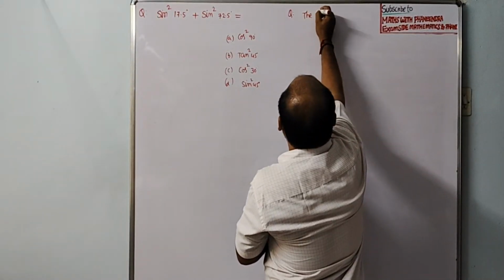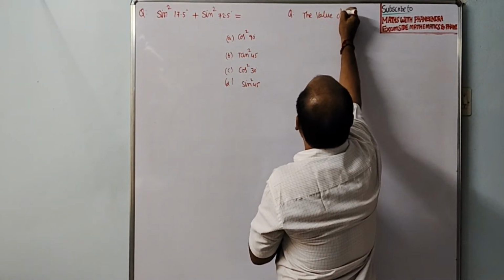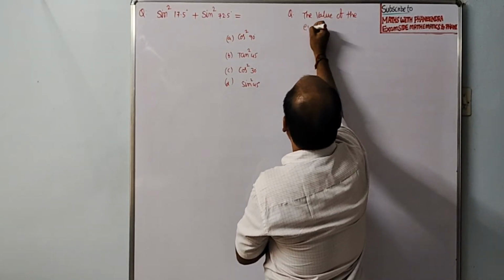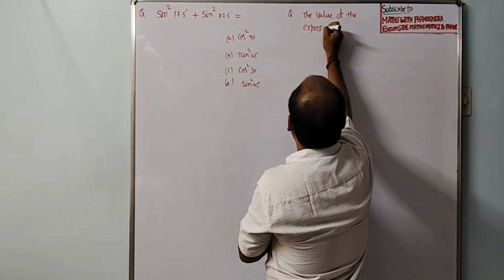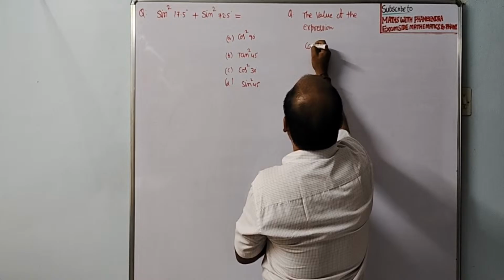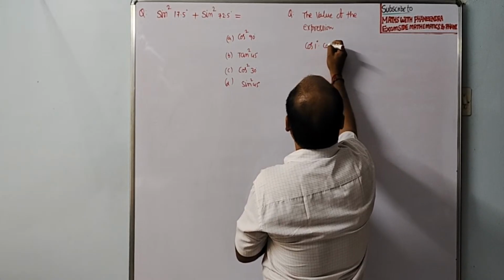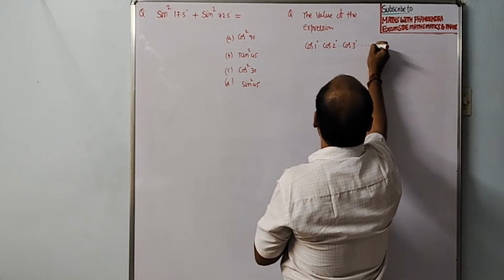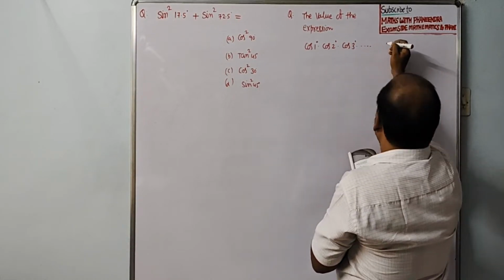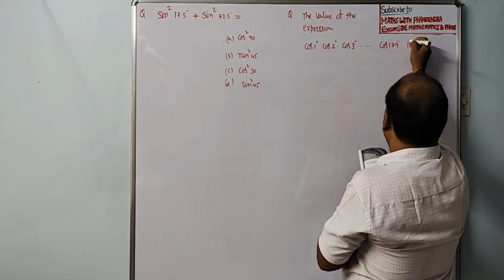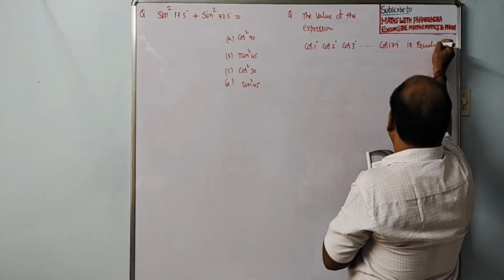The next question. The value of the expression cos 1 degree into cos 2 degrees into cos 3 degrees and so on, up to cos 179 degrees, is equal to.